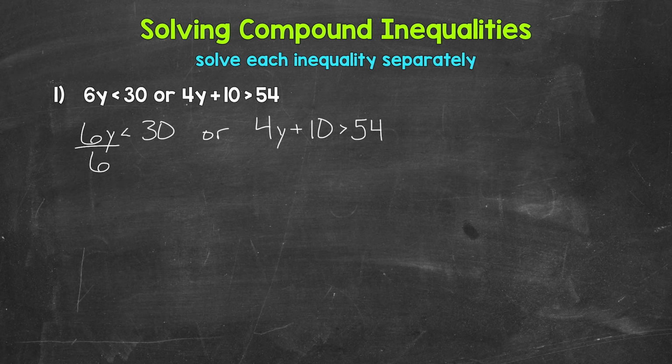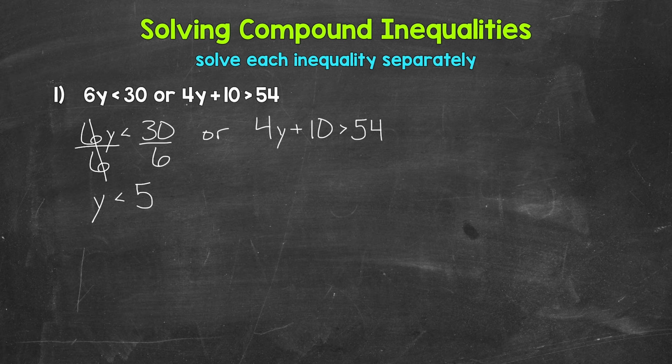So we need to divide the right side by 6 as well. Now the 6's on the left side cancel each other out. So y is now isolated. Y is less than, and then on the right, 30 divided by 6 gives us 5. So we have y is less than 5.